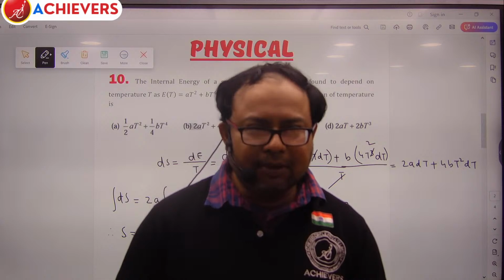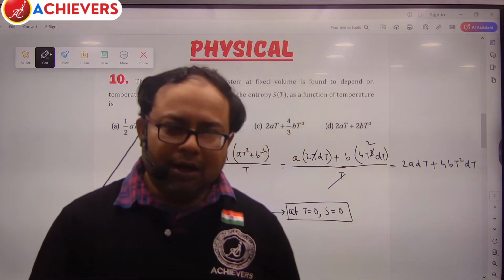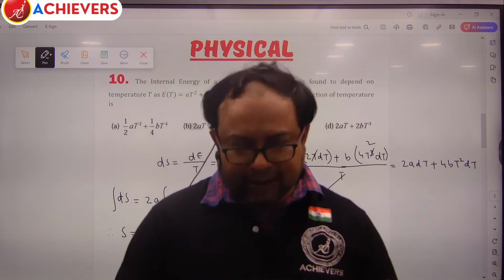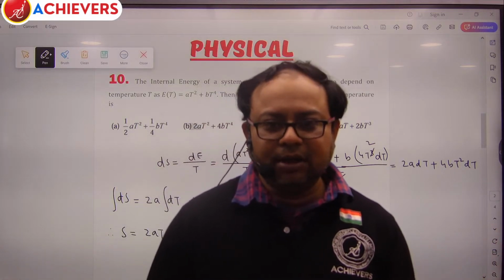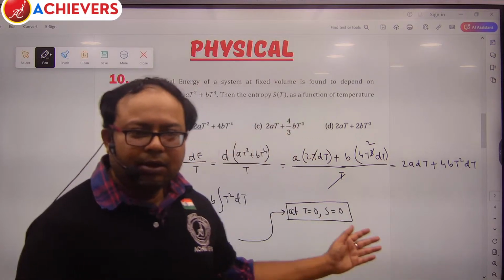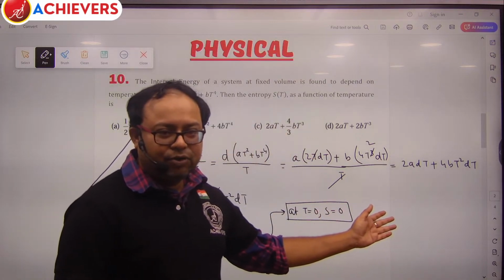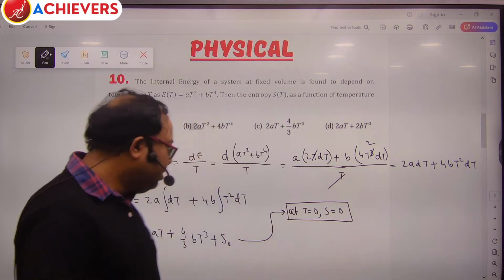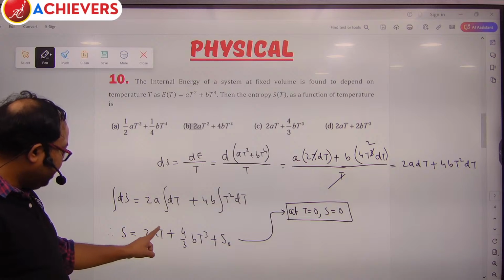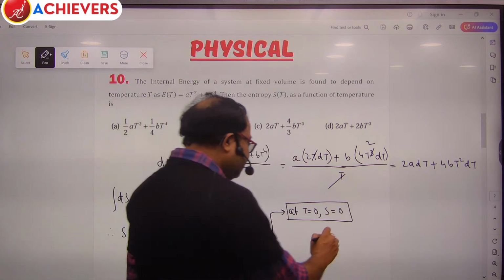Obviously, there are some exceptions. We know the concept of residual entropy is there, but in general, for the third law of thermodynamics, we will abide by this condition that at t equal to 0, S is 0. Now, if you apply this condition, S equal to 0 and t equal to 0, you will find that S naught is 0.